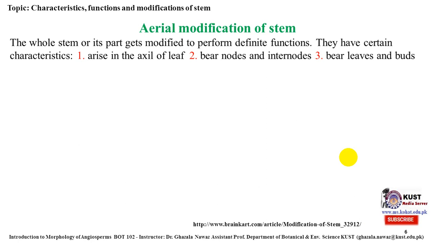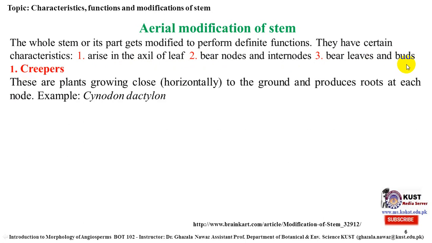The aerial stem has certain characteristics: it arises in the axil of the leaf, and bears nodes and internodes, leaves and buds.